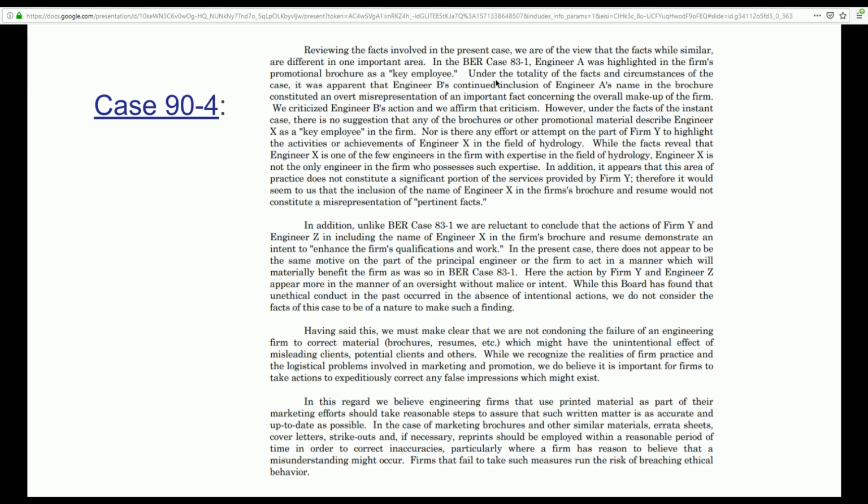In the 1983 case, the Board of Ethical Review decided that there were deceptive motives, that they were passing around the literature with that key employee displayed in order to oversell the qualifications and capacities of that firm. But they say in this case, Engineer Z doesn't really rest on Engineer X for their expertise, and so it's not the same kind of deceptive practice. It doesn't seem like they're trying to enhance the firm's qualifications for work.